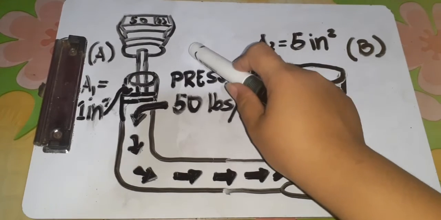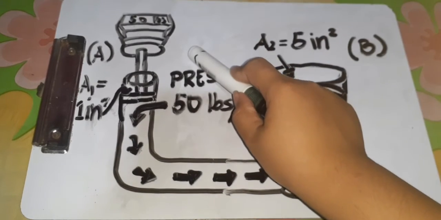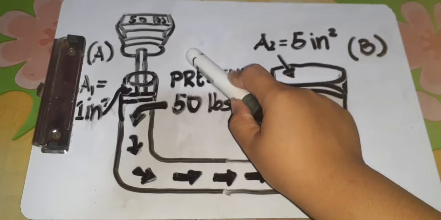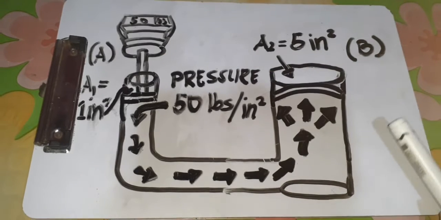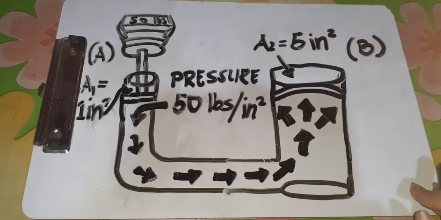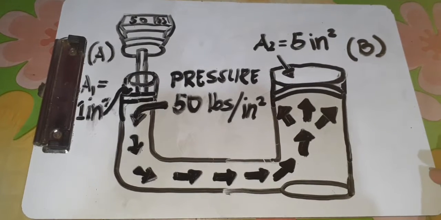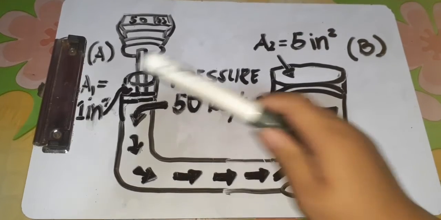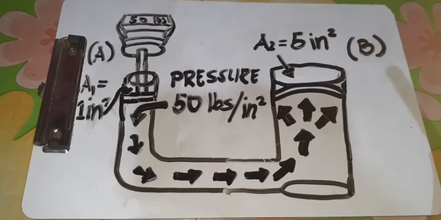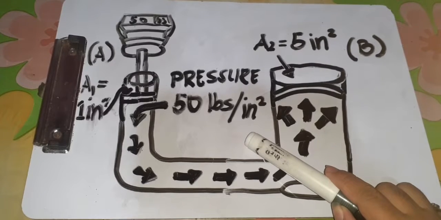So this would be our 50 pounds weight on the input piston, which has an area of the bottom surface of 1 inch squared. So if the weight of 50 pounds on the input piston acts on the area of 1 inch squared, then the pressure on the input piston would be 50 pounds per inch squared.